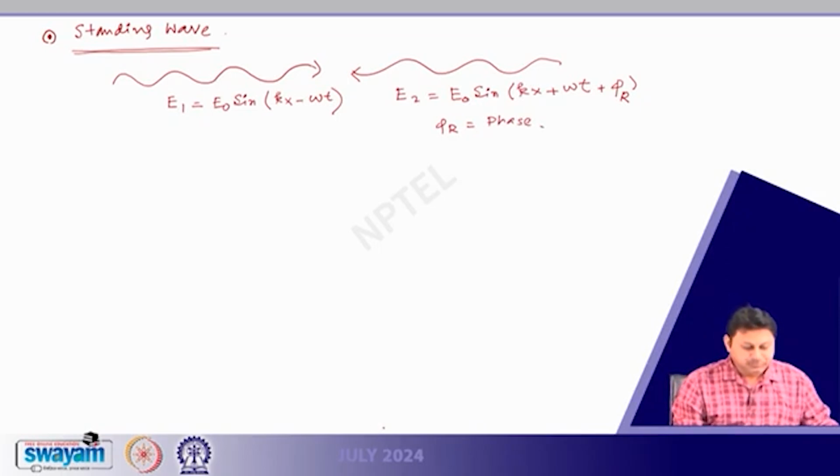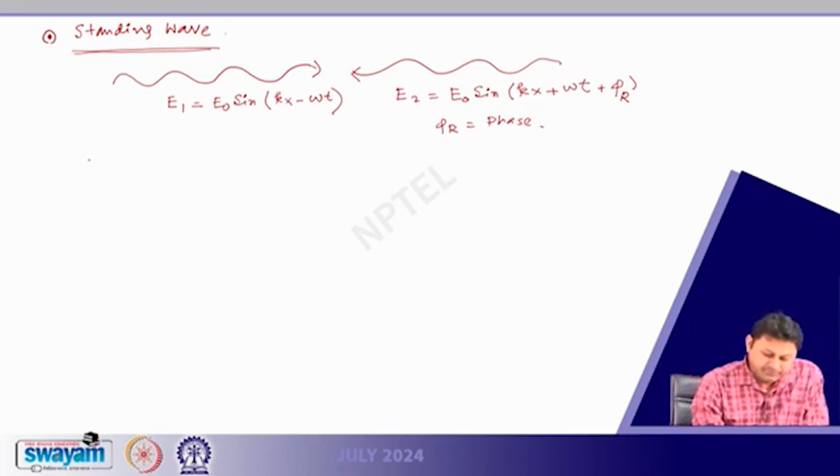If we put these two together, then the resultant wave, using the superposition principle, is simply E1 plus E2. The amplitude is the same, so it is E0.